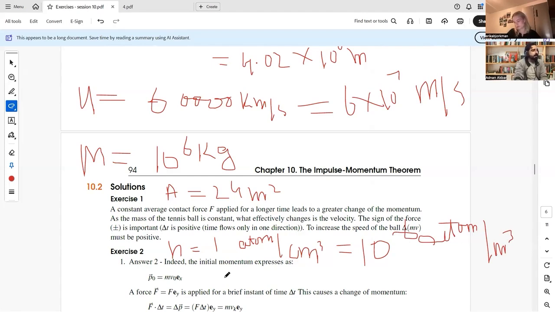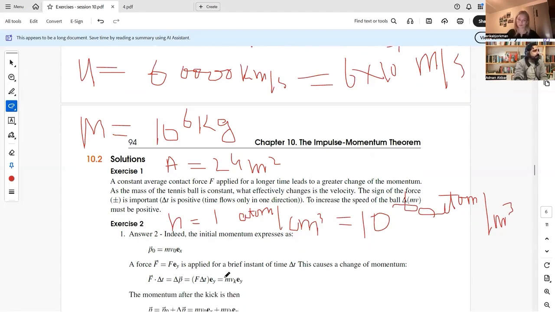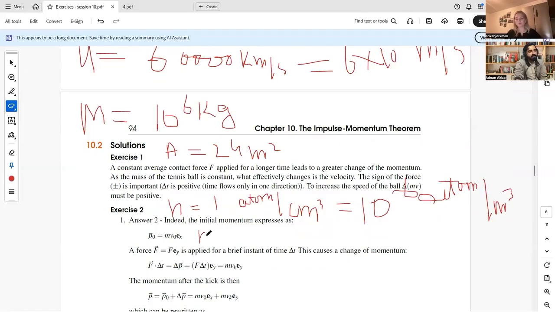Mass of each hydrogen atom that is given to us is 1.67 × 10^-27 kg.